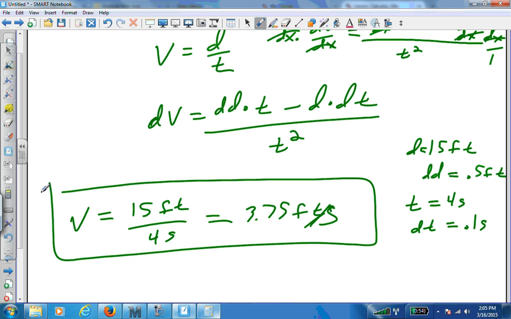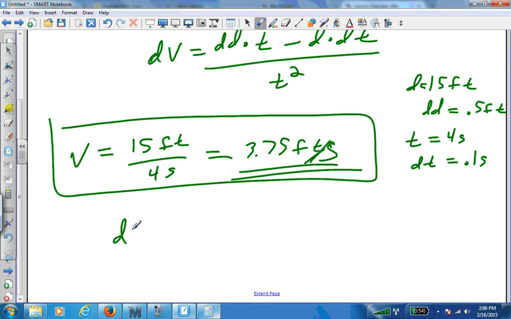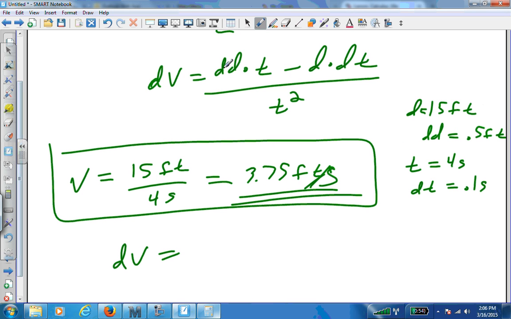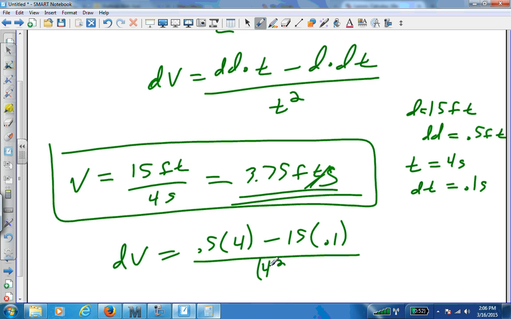But again, since we were taking measurements and using those to do that calculation, it might not be exactly 3.75. So we have the potential error in velocity of dd 0.5 times t, 4, minus the distance, 15, times dt, 0.1, over time, 4 squared. So 0.5 times 4, that's 2, minus 1.5, over 16.